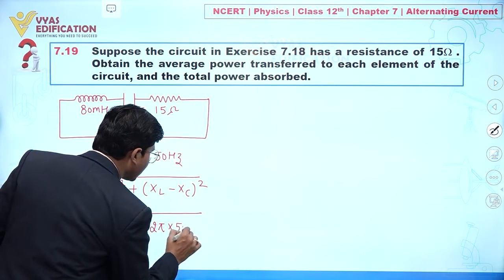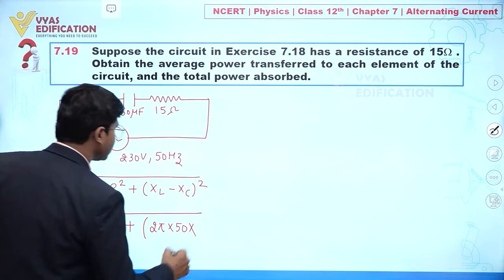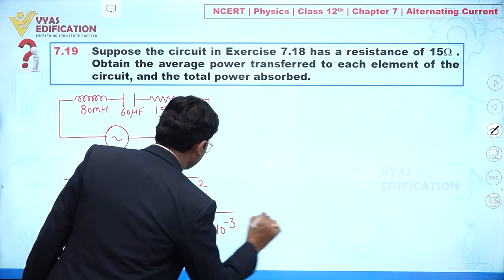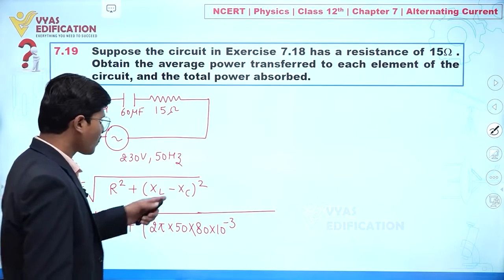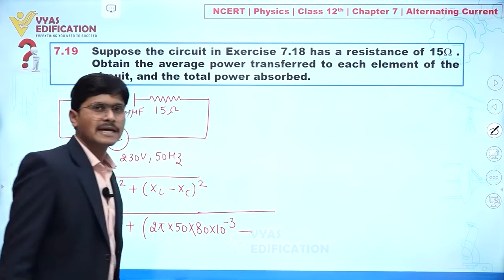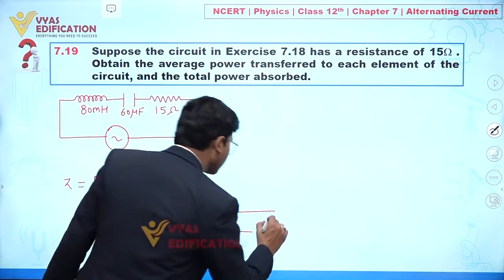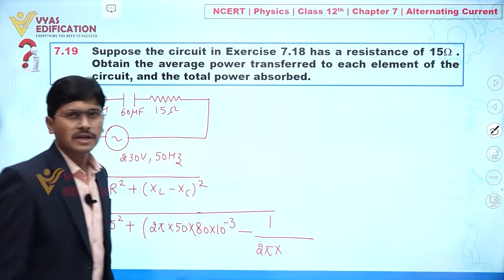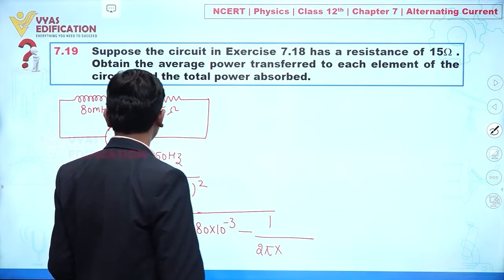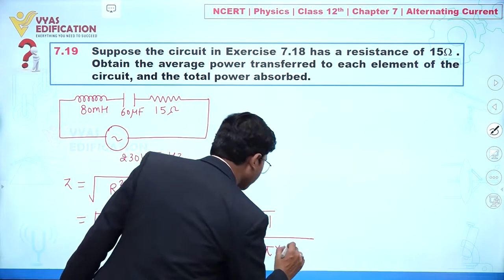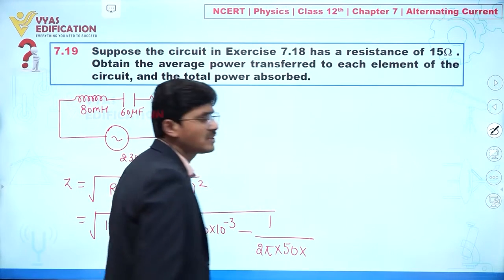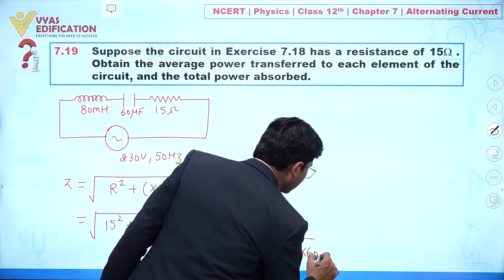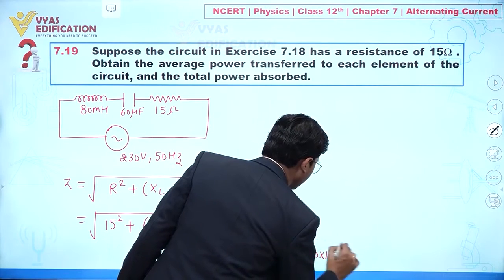L is given to you as 80 millihenry, so 80 into 10 to the power minus 3. And XC equal to 1 upon omega C, which is equal to 1 upon 2 pi f C, where f is given as 50 and C is 60 into 10 to the power minus 6.